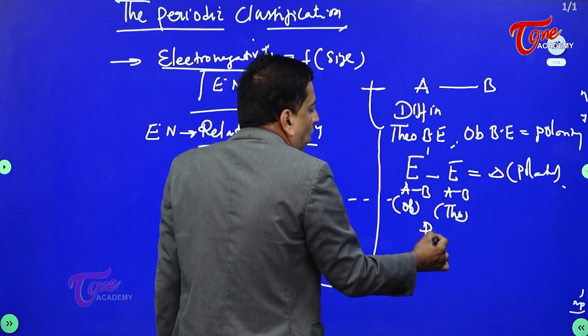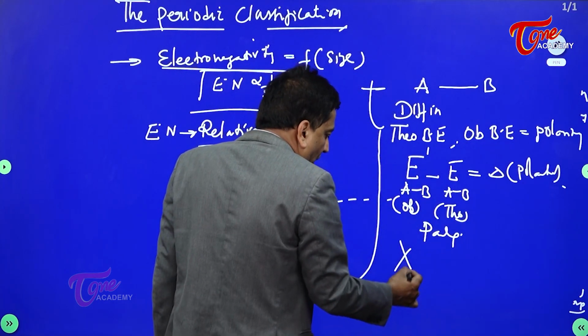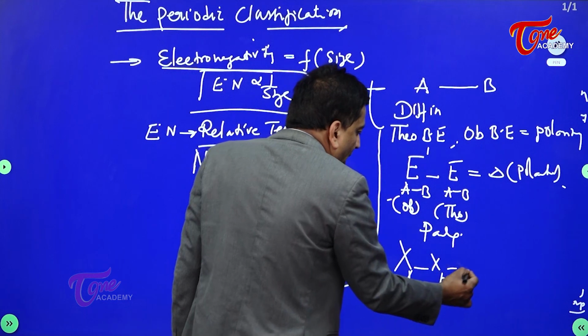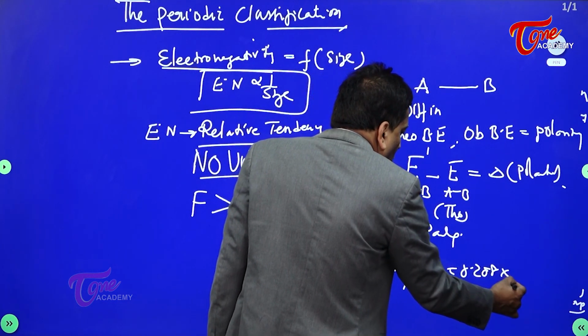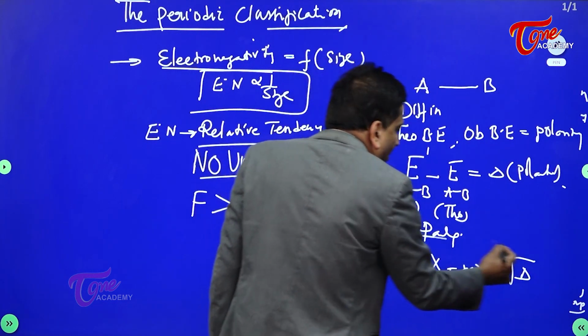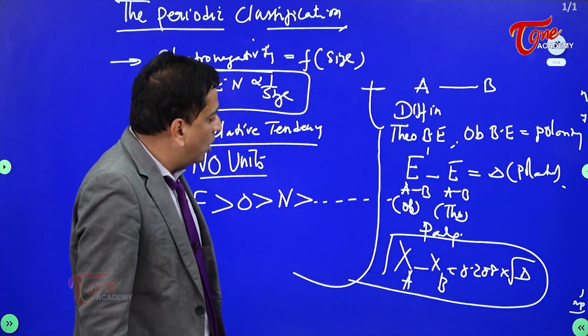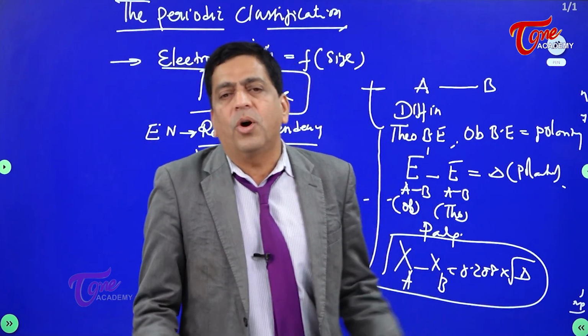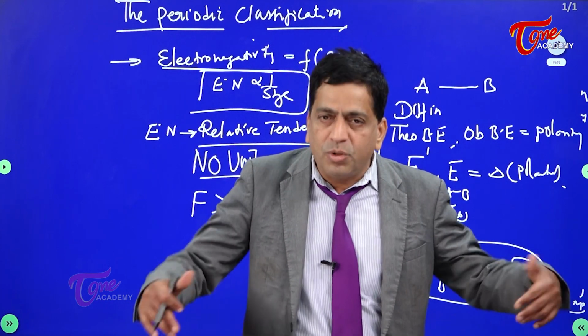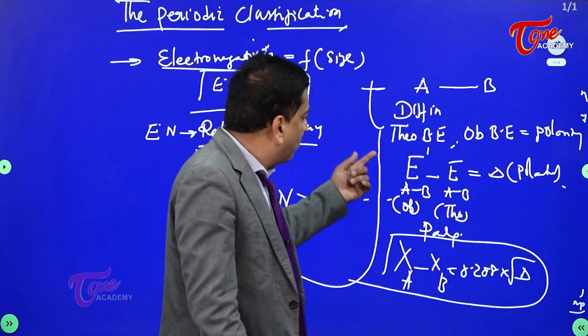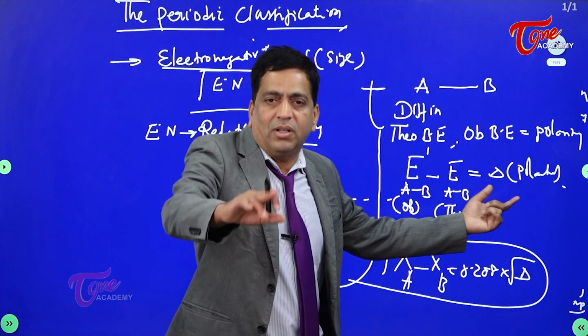According to Pauling's equation, XA minus XB is 0.208 into root delta. In the examination, he will give you theoretical bond energies and observed bond energies, and the difference between these two is delta. That might be a question.